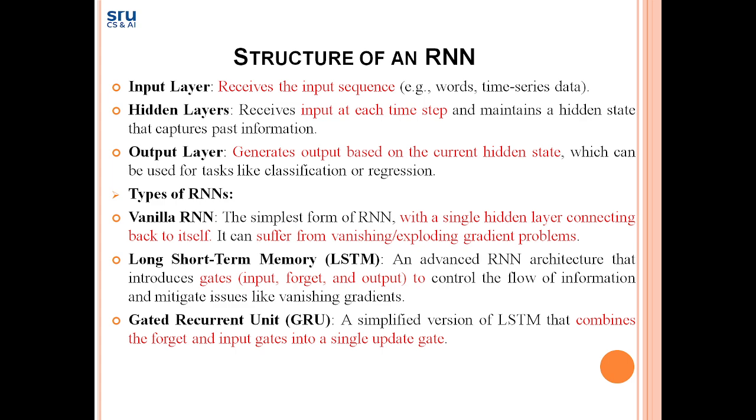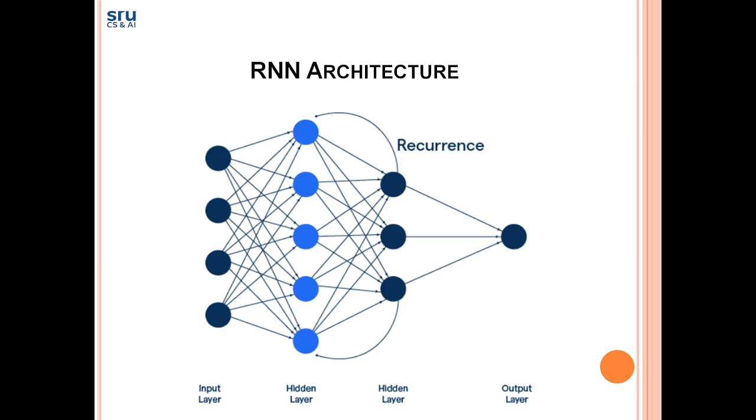Then we have the gated recurrent unit, a simplified version of LSTM that combines the forget and input gates into a single update gate. This is an architecture of a recurrent neural network. So here we have the input layer, hidden layer, again here the hidden layer, and this is called the output layer.